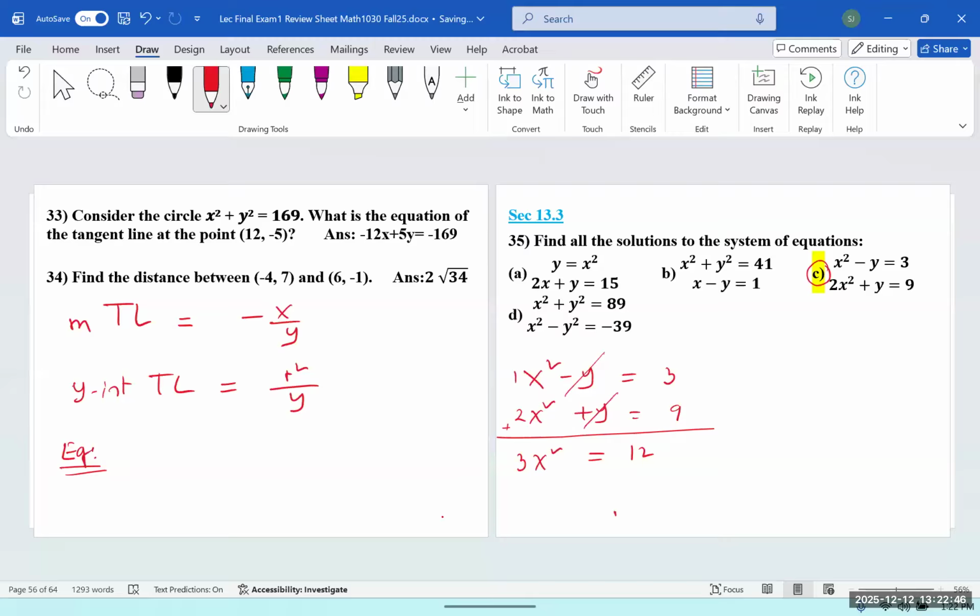And now you just have to solve for x. So what do you do? Divide by 3. We get x squared is 4. We take the square root: plus minus 2. So do not forget about your plus minus.